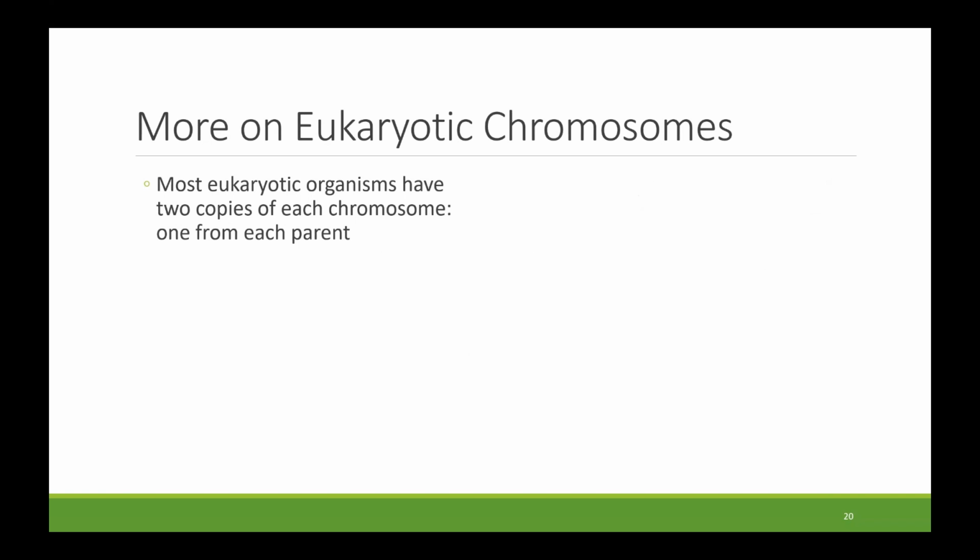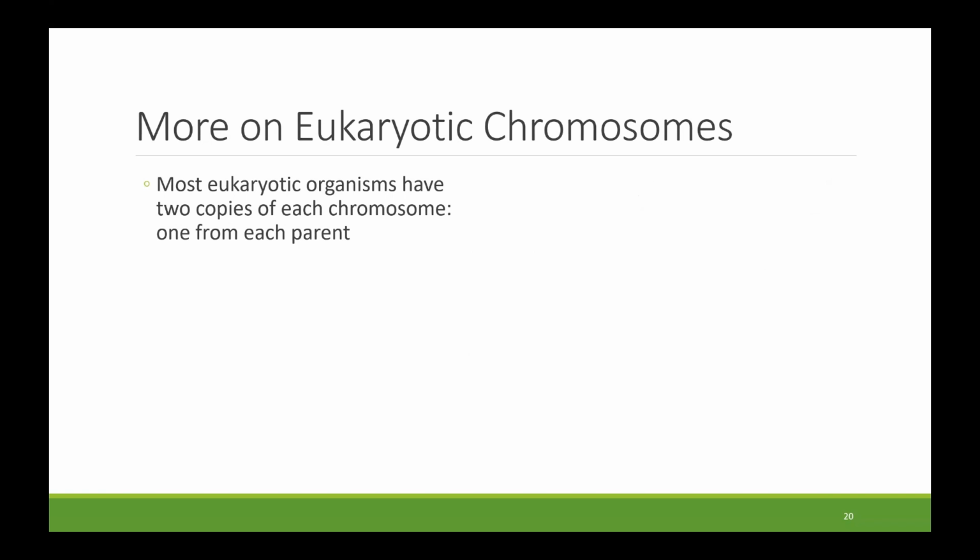So we said that eukaryotic cells have multiple chromosomes, and most eukaryotic cells have 2 copies of each of their chromosomes, one that comes from each parent. Most often there's a male parent and a female parent, and they each contribute half of the chromosomes to their offspring.